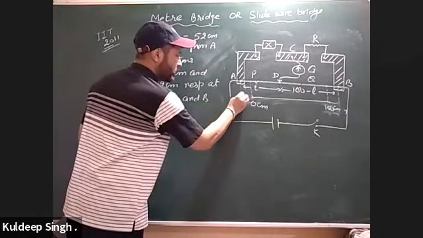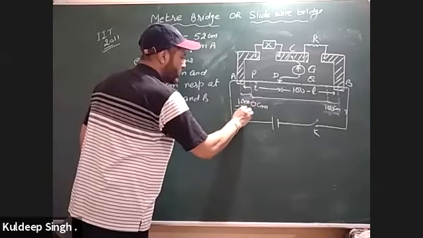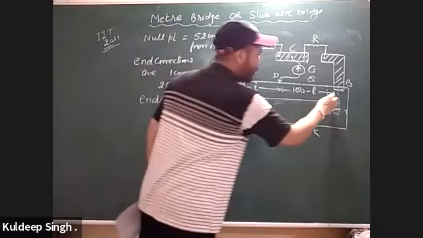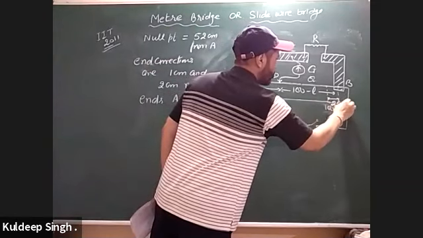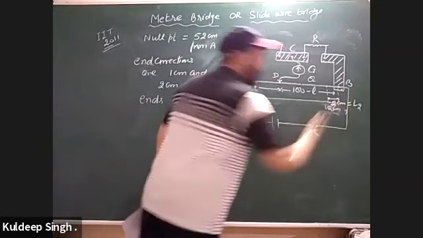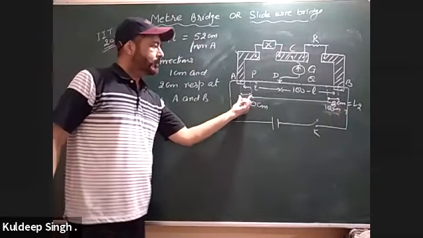This portion is 1 centimeter, say L1, and in this case it is 2 centimeter, say L2. So we are given these end corrections, 1 centimeter here and 2 centimeter.